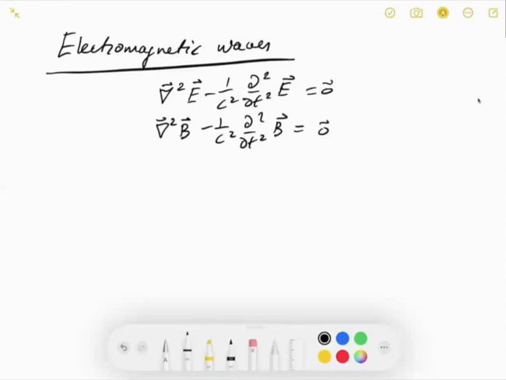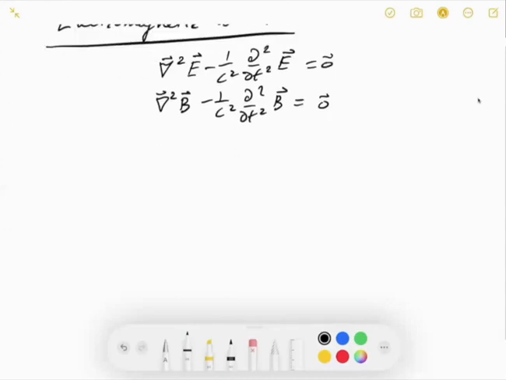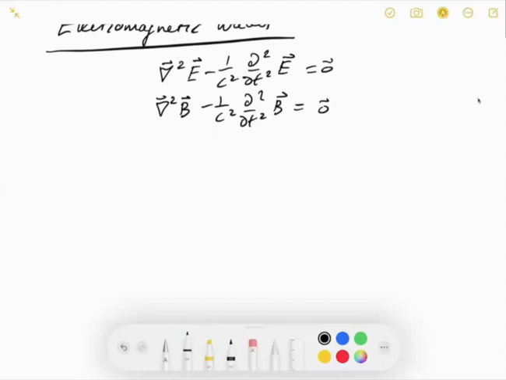Let's see. In the Lorenz gauge, we also have an equation like this for the vector potential.